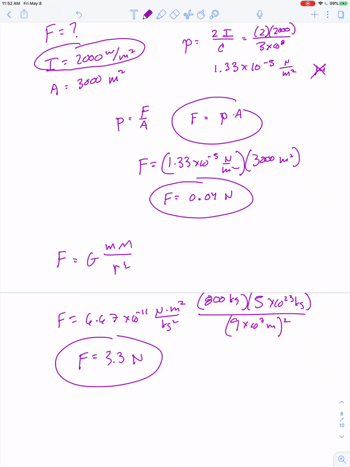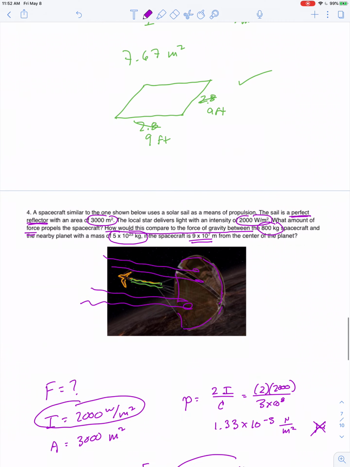Okay, so the force from the solar wind or radiation pressure, photon momentum, or whatever you call it, is pretty small in comparison to the force of gravity, so probably wouldn't have a significant effect if this spacecraft is anywhere near this planet here. But if the spacecraft were far removed from this planet in the far reaches of outer space, well, if it were in the far reaches, I guess there'd be no star to propel it.